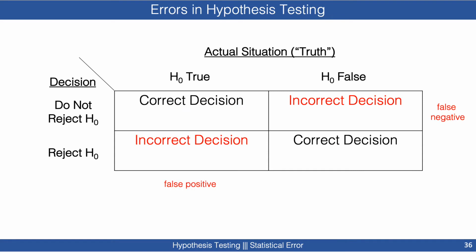And the two types of errors: when you actually reject it when it is not to be rejected, that lower left corner, that is called a false positive, where you think something is consistent with the alternative hypothesis when it's not. And a false negative is when the data that you obtained doesn't fall in the rejection region, and you hence did not reject the null hypothesis, when the null hypothesis was supposed to be false.